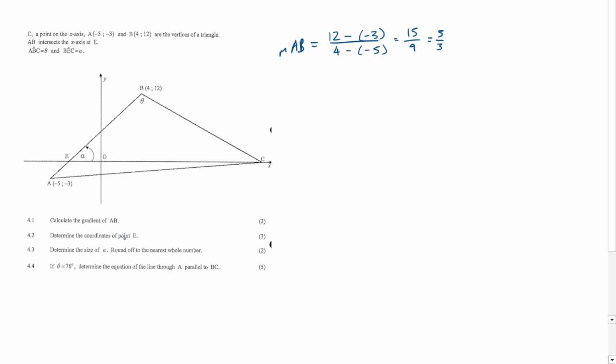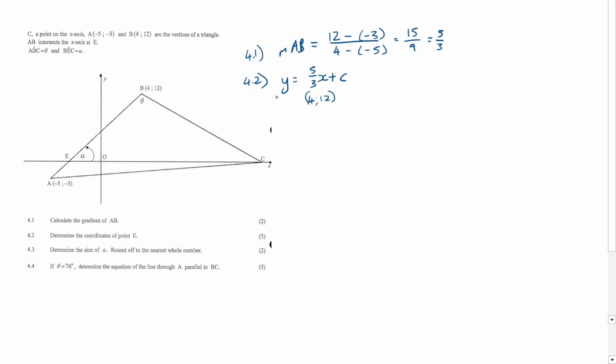Determine the coordinates of E. Because that was an x-intercept, we're going to have to first work out the equation of this line. And so for 4.2, it's going to be y equals 5 over 3x plus c. I know I'm missing a letter, and so I'm going to sub in a point. I'll sub in B because it looks a bit easier to me.